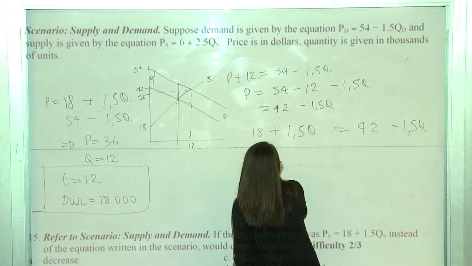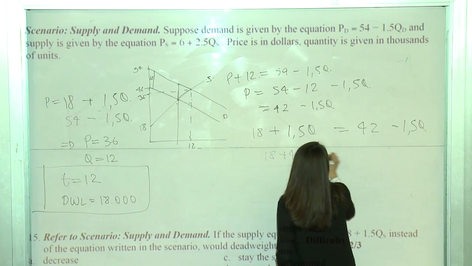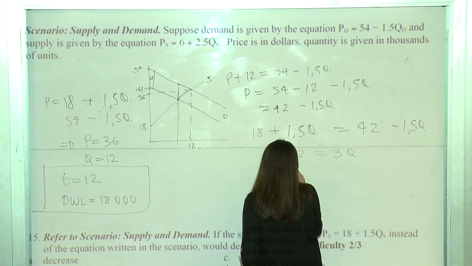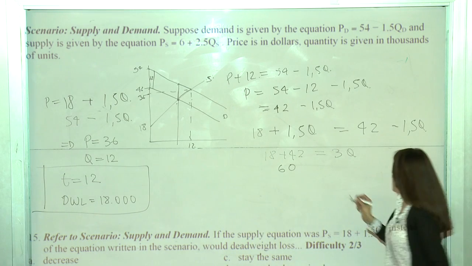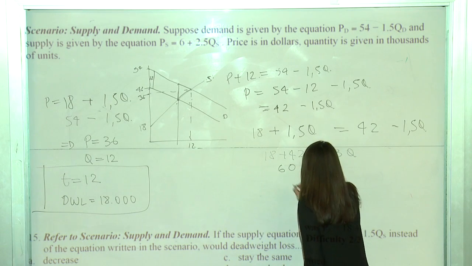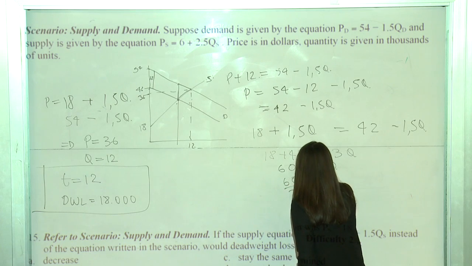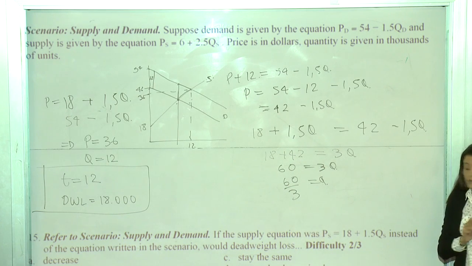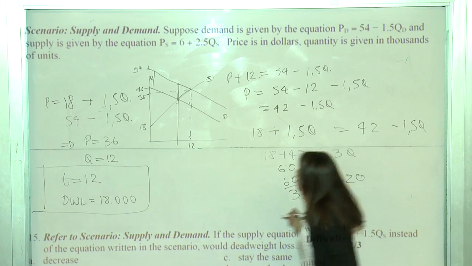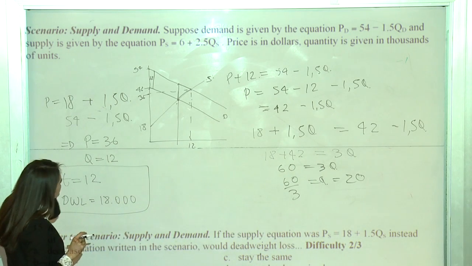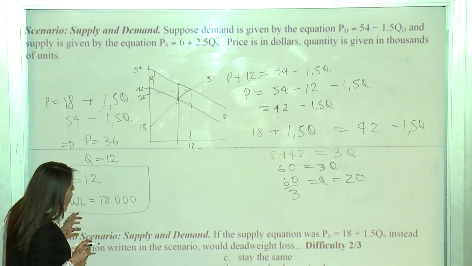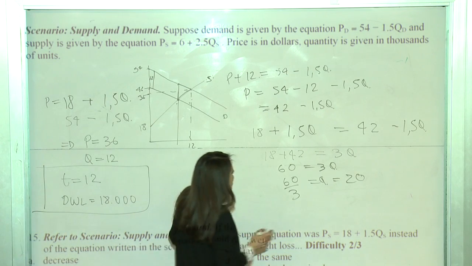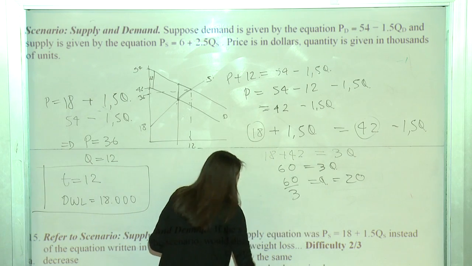So this is 42 minus 18 equal to 3 Q. Oh no, this is subtracting. I'm sorry.